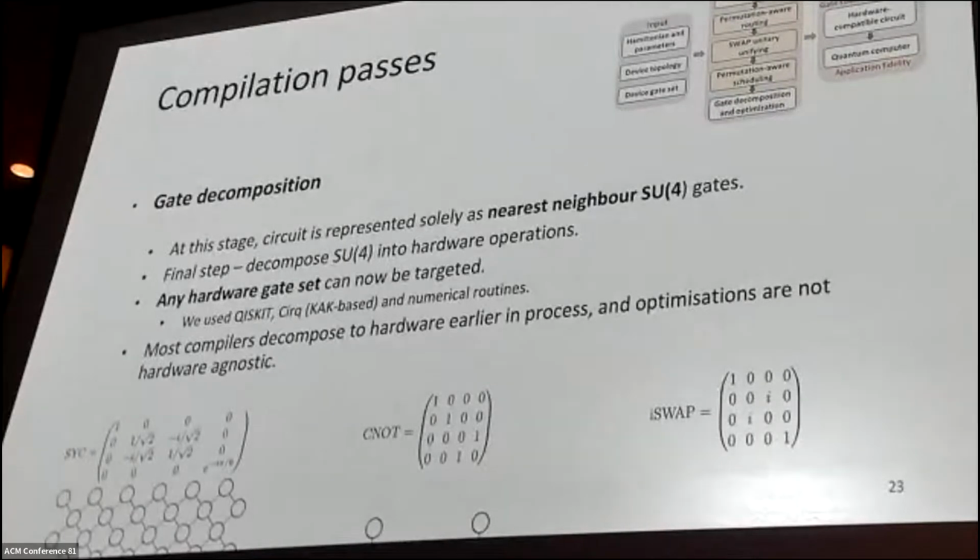And now we can directly decompose into the native gate sets of the device. So this is something which very few other compilers can do. Typically, they will perform the gate decomposition quite early in the compilation process, and then only at the end will they take their CNOT gates and decompose those into the native gates on the hardware.